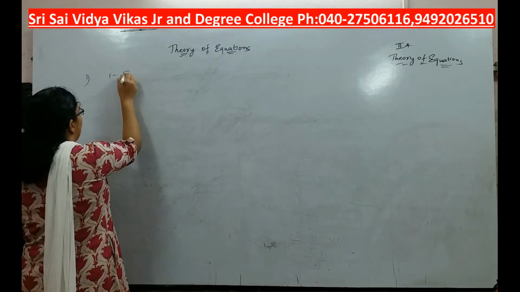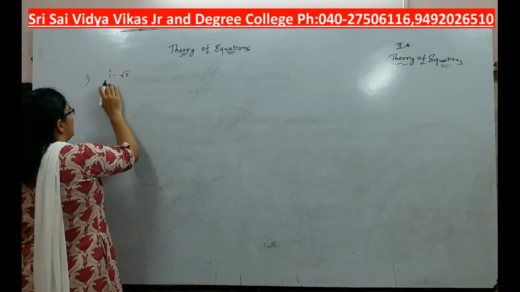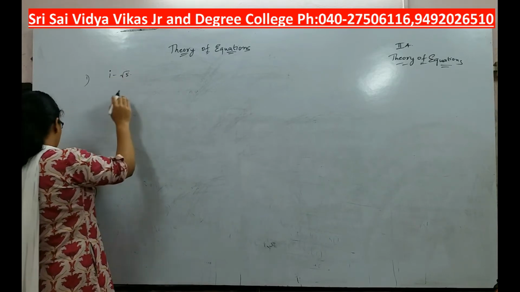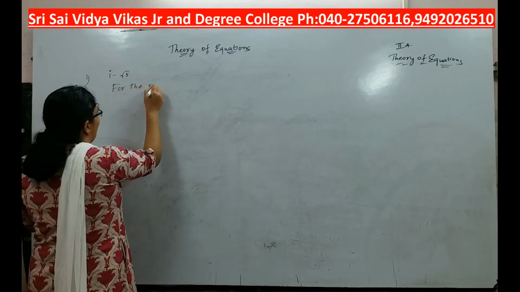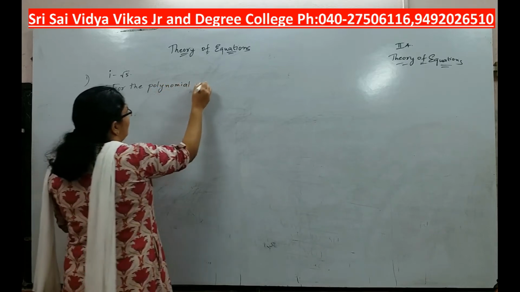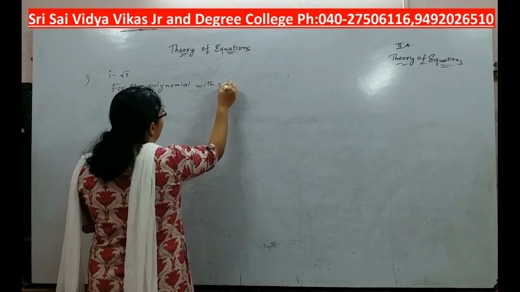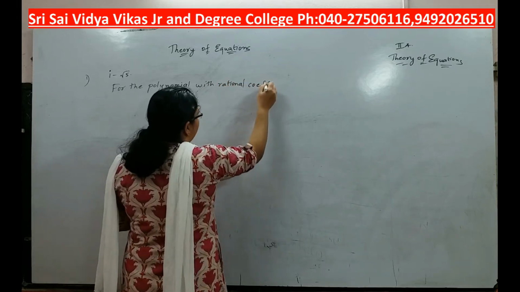You have to frame a polynomial equation, one of whose roots is 1 minus root 5, given for the polynomial with rational coefficients.